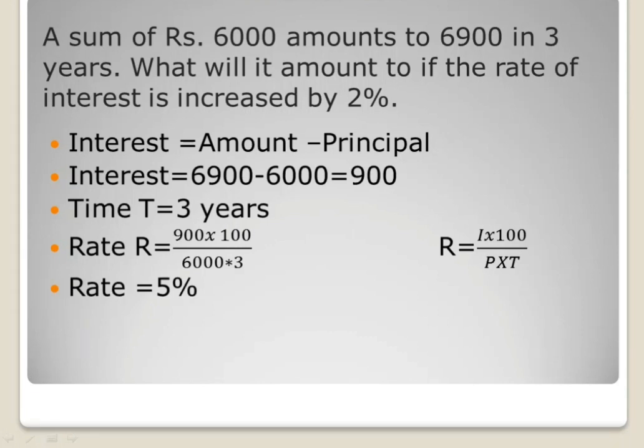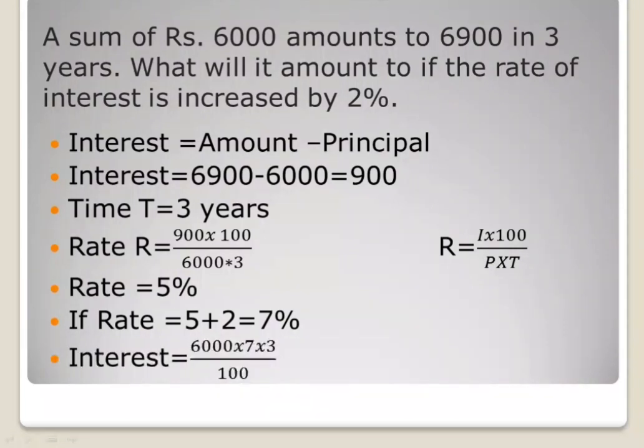Now it is saying if the rate is increased by 2%. 5% was the rate and you are increasing 2%. So your new rate is 7%. Now if you are applying 7% on this principal, then how much amount will you get? You need to get that.